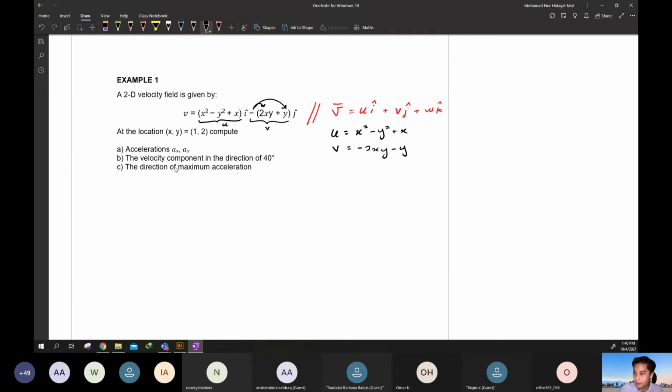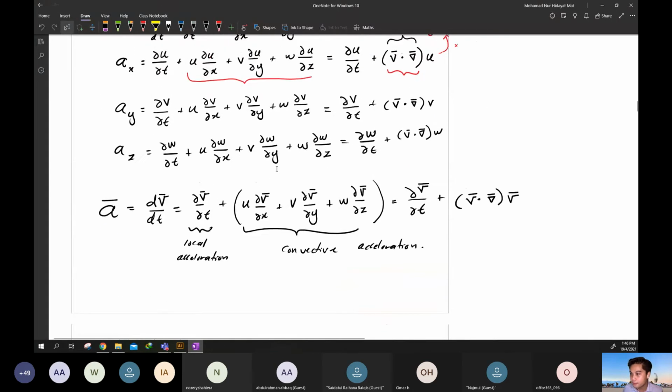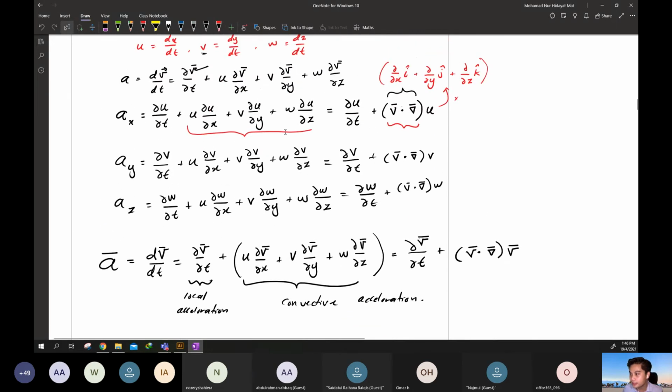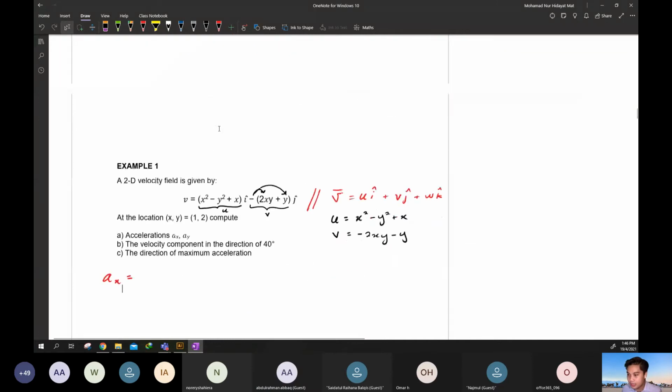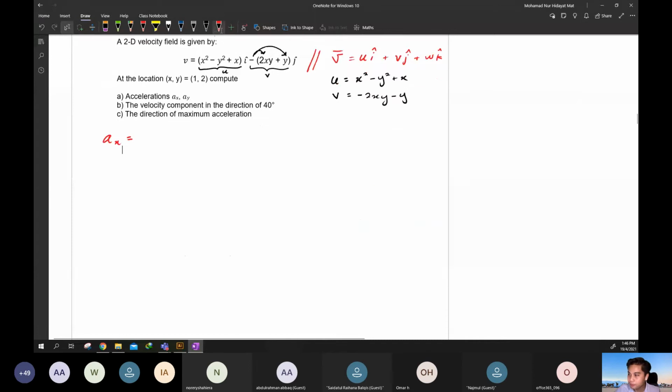So how do we get the acceleration in the x direction? Remember, we need to use the formula. What is the formula that we derived before? Can you see here? Write down the formula.